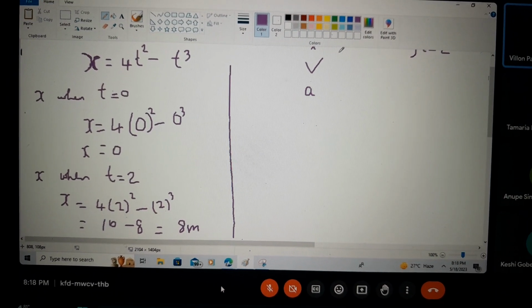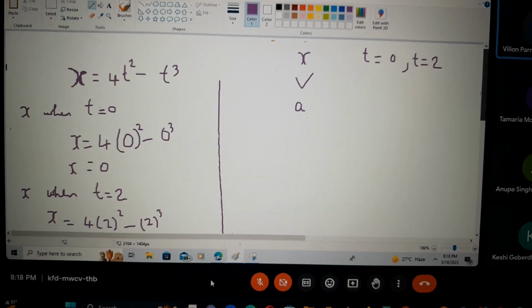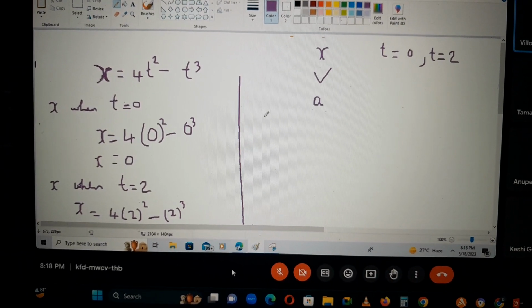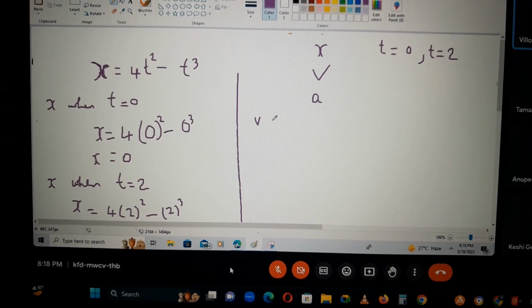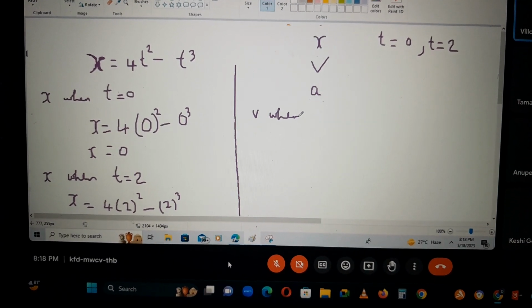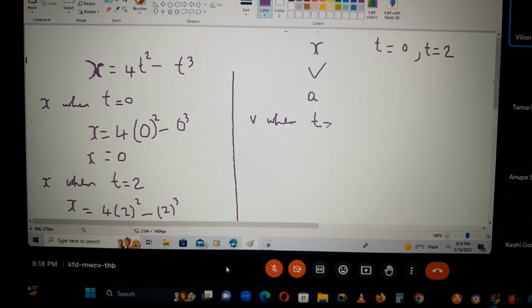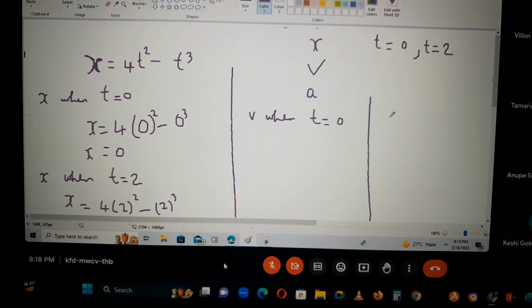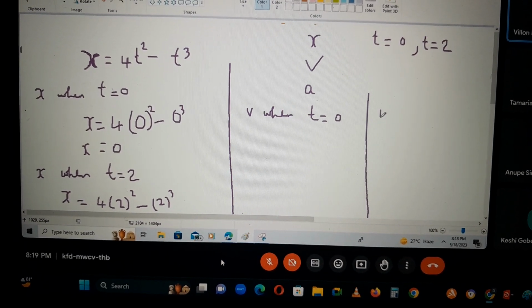When t is 0 and when t is 2. So how do we get the velocity? What do we need to do now? We differentiate the displacement. Wonderful.